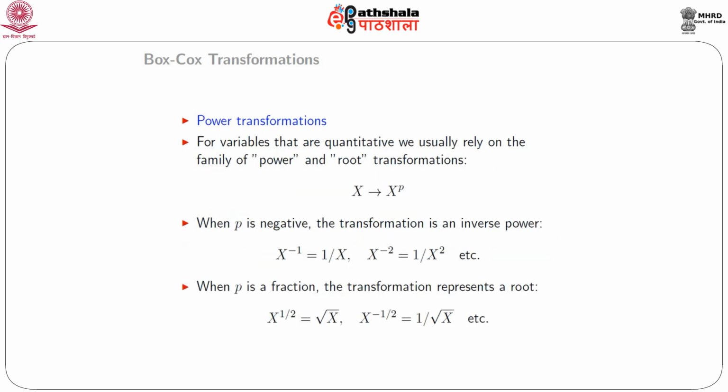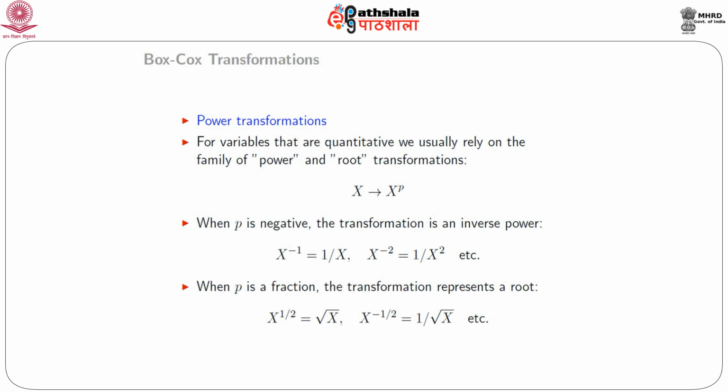A second type of common transformation that we can use is the power transformation. For variables that are quantitative, we usually rely on the family of power and root transformations. For example, we take the variable x and we raise it to the power of p, which can be considered a transformation of the variable x.